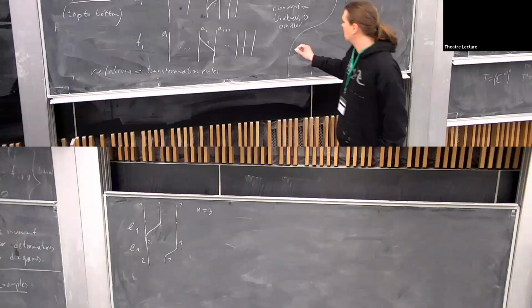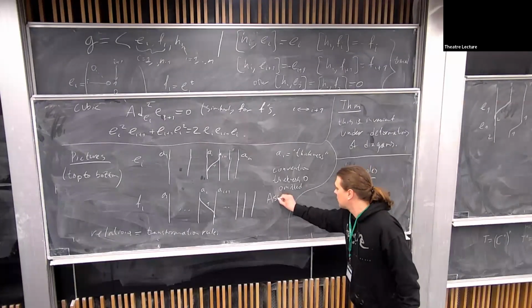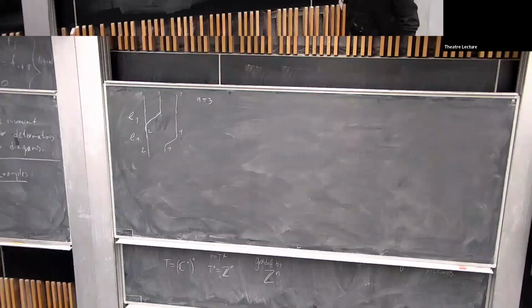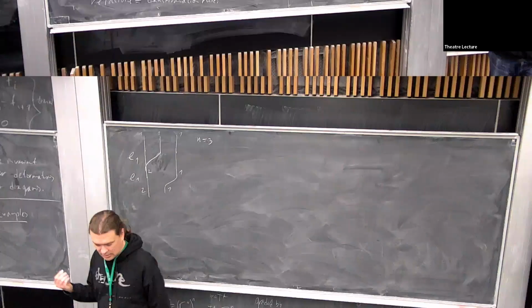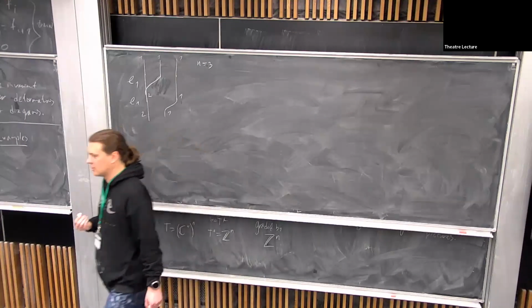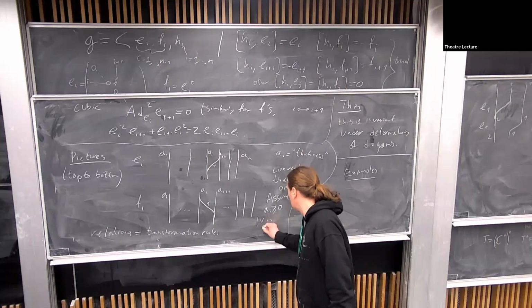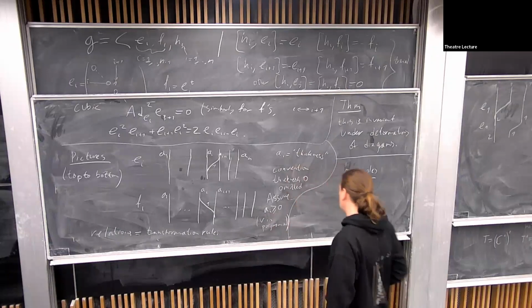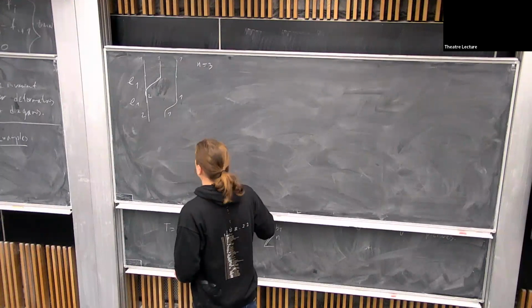So we have another assumption, that all A_i are non-negative, and that corresponds to the assumption that the representation is a polynomial representation. Later you will see why these assumptions are very natural.